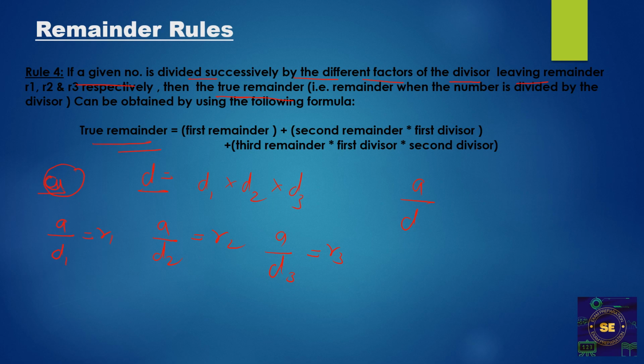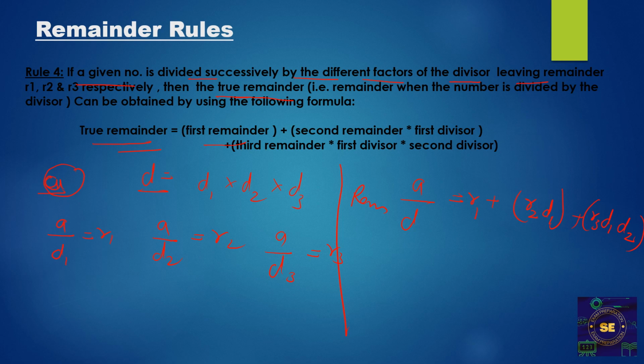The true remainder will be R1, plus R2 into D1, plus R3 into D1 into D2. So it will give the true remainder.